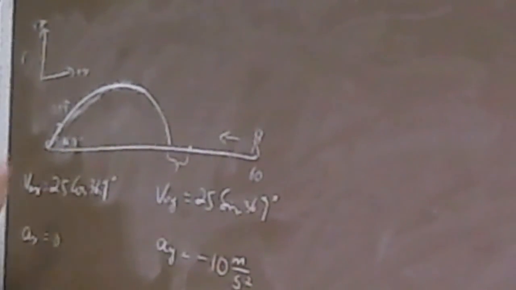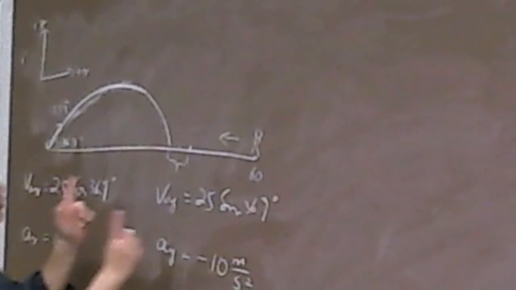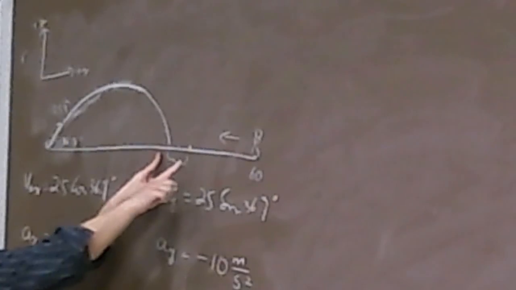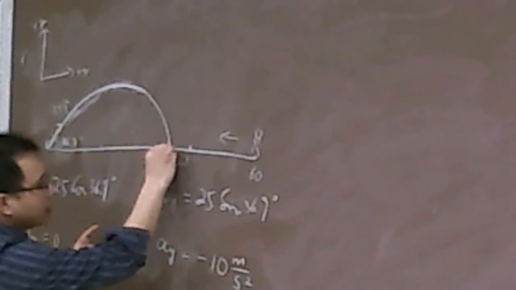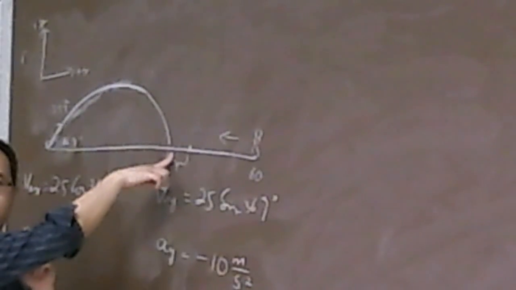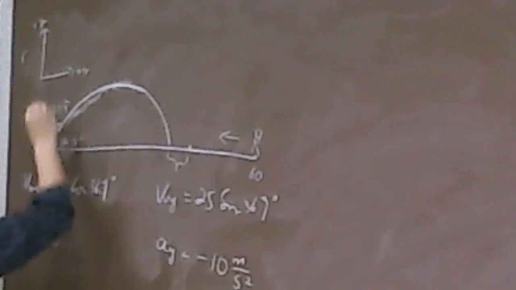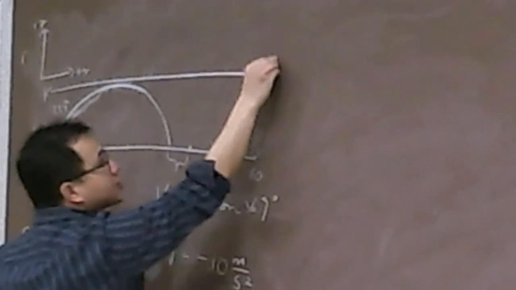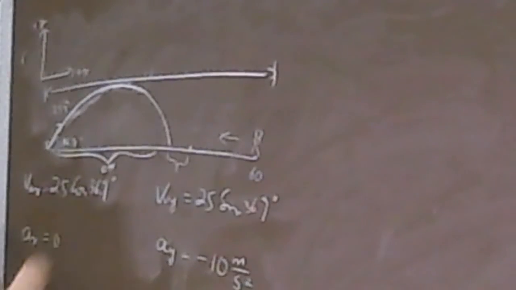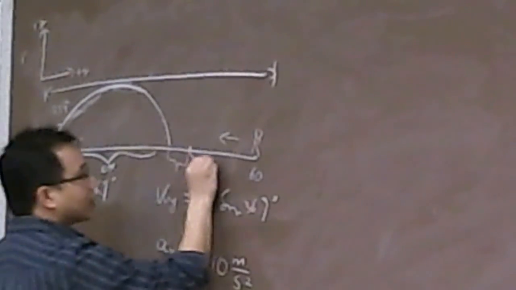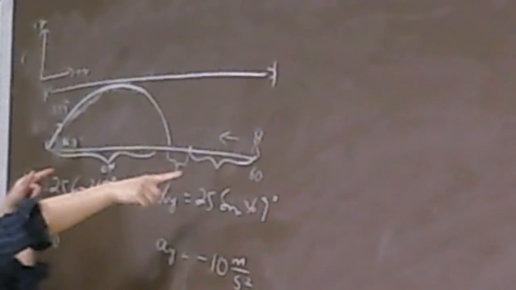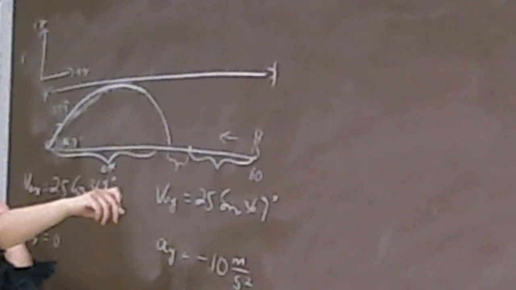So again, if we try to find the distance between the person and the landing point, what we have to do is that we know the total distance is 60 meters. And we can calculate delta x here for the soccer ball, and the delta x for the person, and subtract the two distances from 60, right?